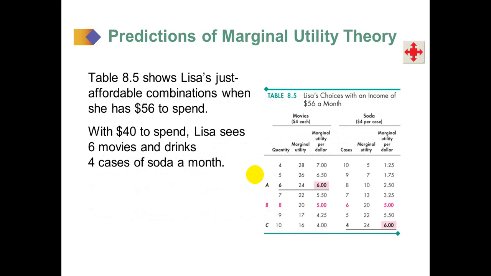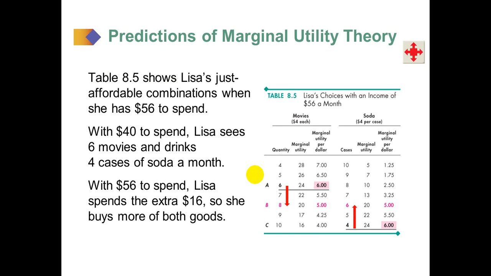Lisa's just affordable combination: with $40 to spend, Lisa sees 6 movies and drinks 4 cases of soda a month. If her income increases to $56 to spend, Lisa spends $16 more, so she buys more of both goods.